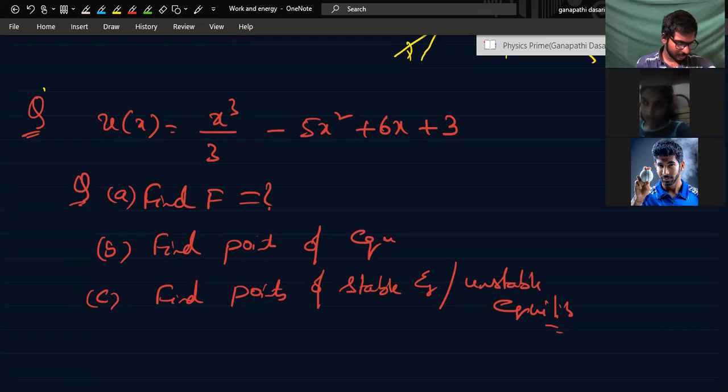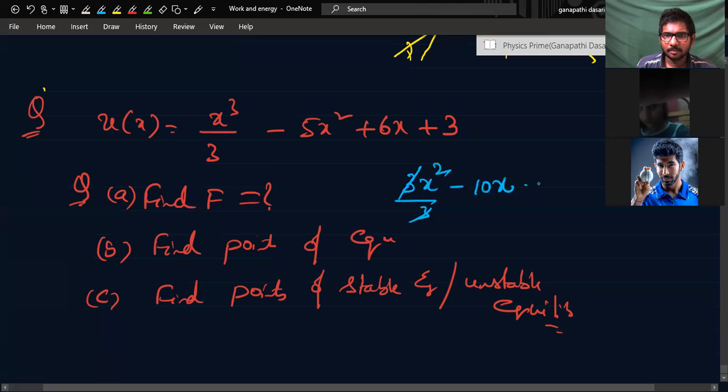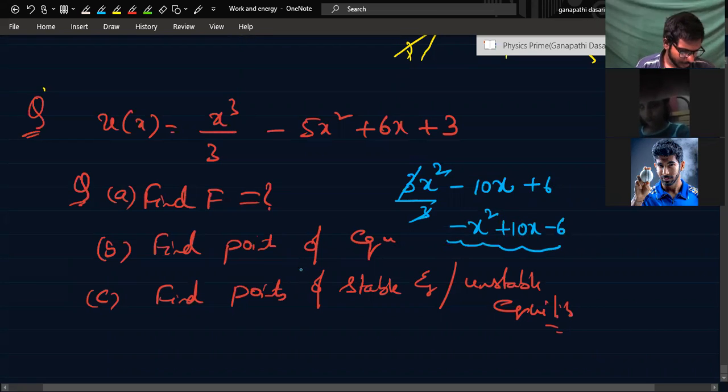You solved it. What is the answer? For the first one it is 10x minus x square minus 6. How did you do? Minus du by dx. Minus du by dx, x square by 3 minus 10 plus 6. If you multiply with minus, what will we get? Minus x square plus 10x minus 6. This is the force. Okay.